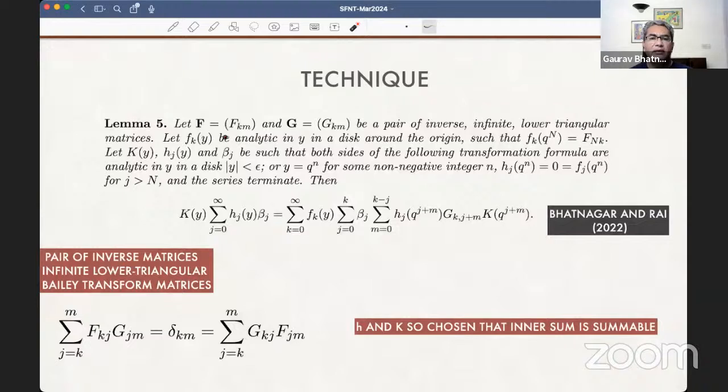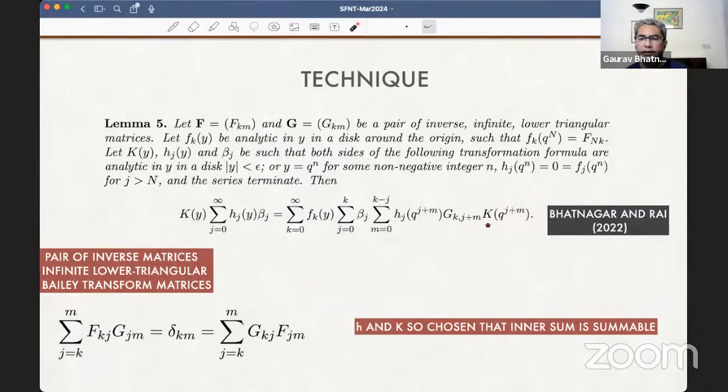We have a pair of infinite inverse lower triangular matrices, the pair F and G. And small f_k is some analytic function, which if you replace y by q^n, you get the same matrix F_nk. And k, h, and beta are some more general things. The only thing required is that h should be 0 when y is q^n, and for j bigger than n, and either the series terminate or they are analytic functions of y.